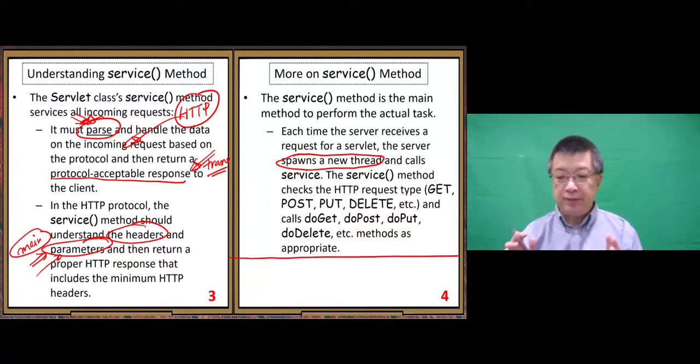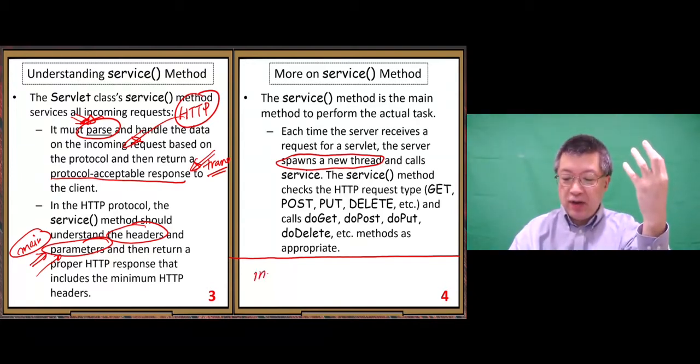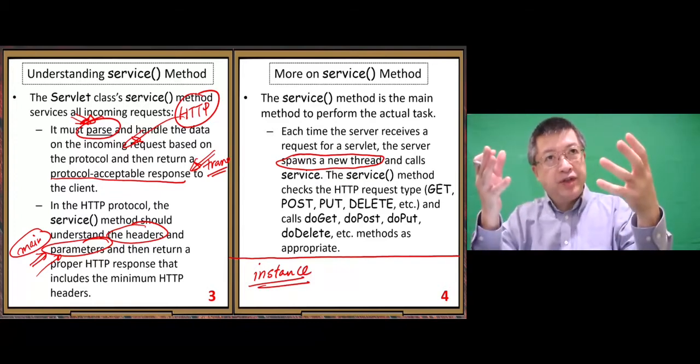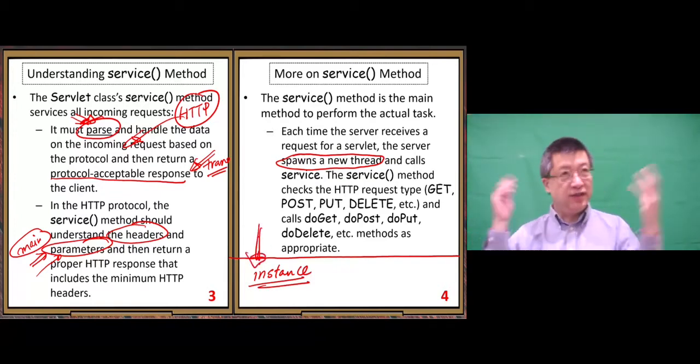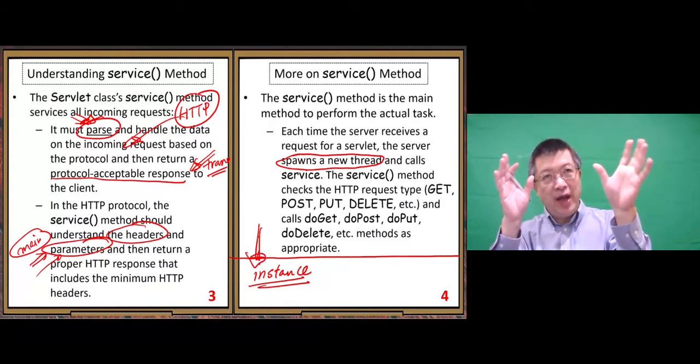First, let's go back to instance. Remember, when we use a servlet inside a web application, we need to create an instance in our web.xml. Remember the last time we talked about that.